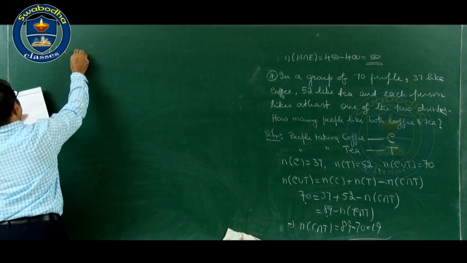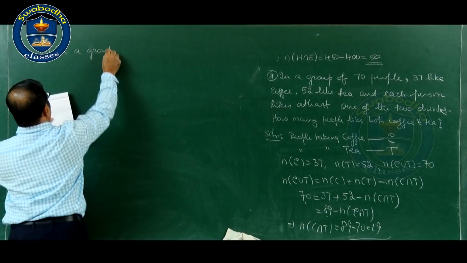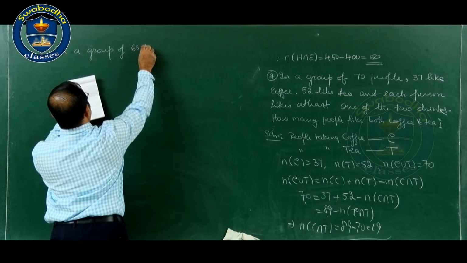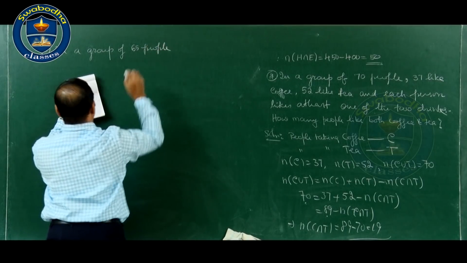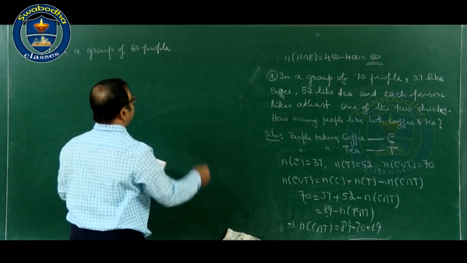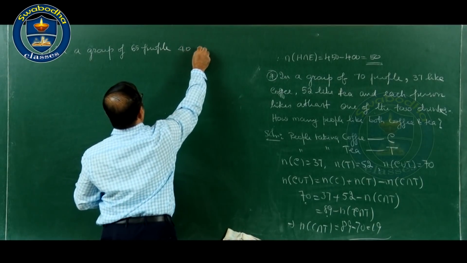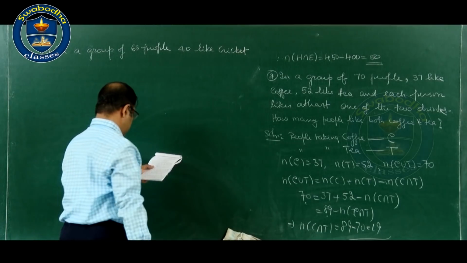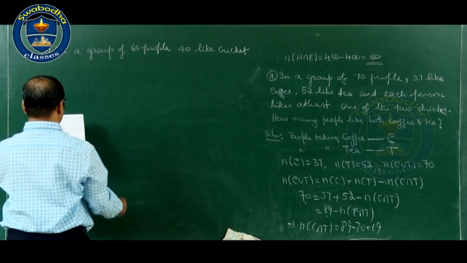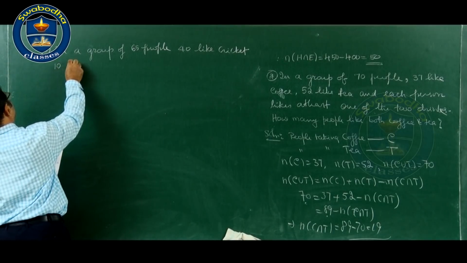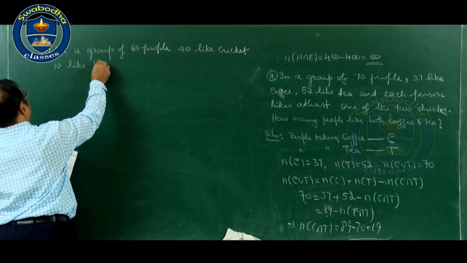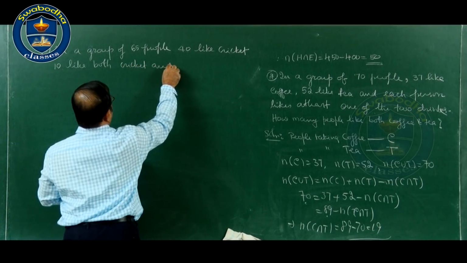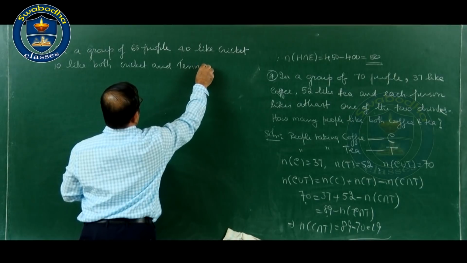Whichever seems convenient to you, you can use such notations. Okay? In a group of 65 people, 40 like cricket, 10 like both cricket and tennis.